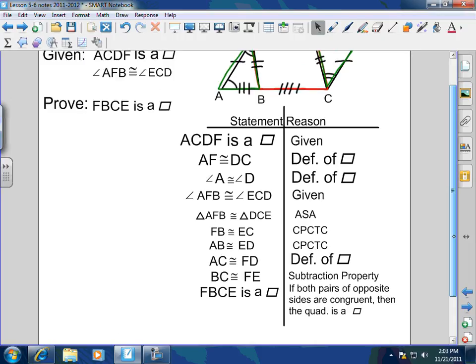No, you cannot write definition of parallelogram for these. You have to prove why. So in the end here, that has to be stated: if both pairs of opposite sides are congruent, then the quadrilateral is a parallelogram.